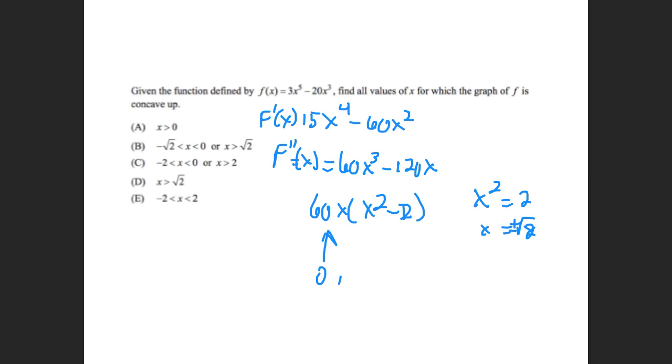So I really have 3 intervals that I have to check out. Ah, that should have been a 2 there. Okay, did you use 0 in there?